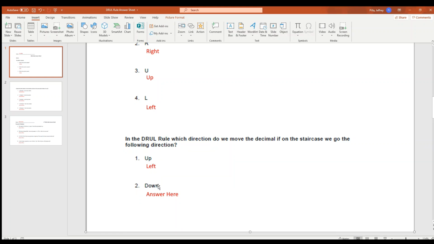Okay? And if you're going down, you're moving the decimal to the right. That's why it's called the down, right, up, left rule. Okay? That's why it's called the DRUL rule, the down, right, up, left rule. Alright? Make sure that you understand that concept because that's pretty much the most important thing when we get to converting in the metric system. Alright?